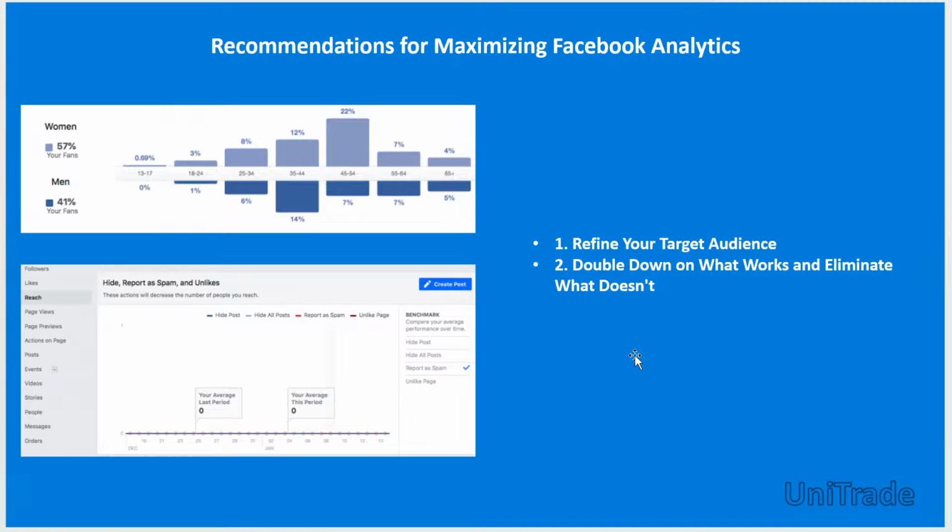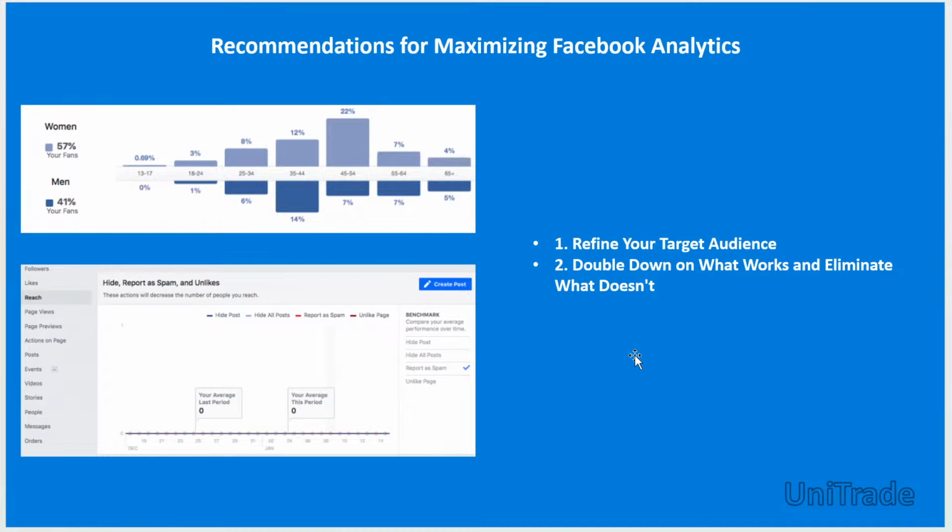2. Double down on what works and eliminate what doesn't. Identify trends in your best performing posts and create more content like them.